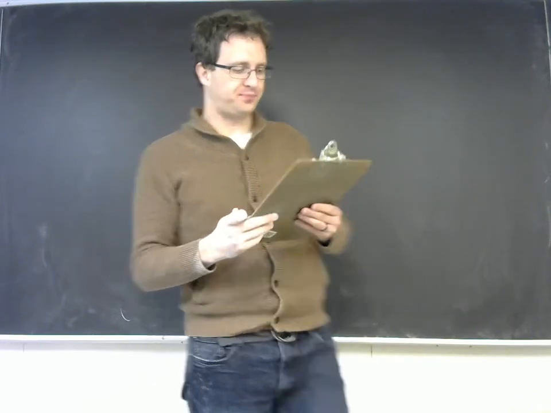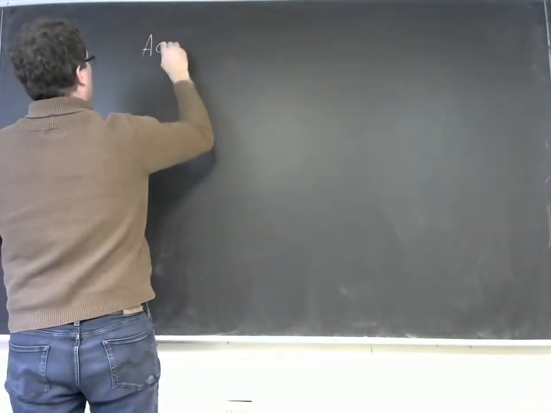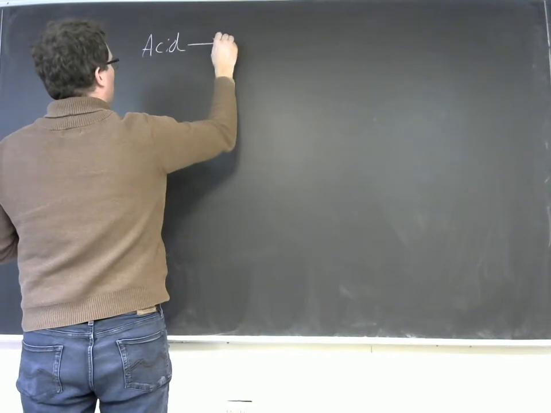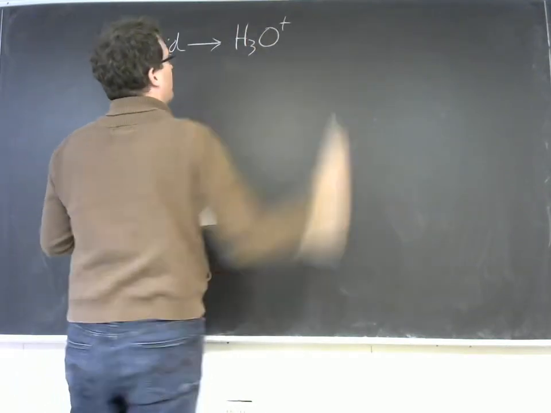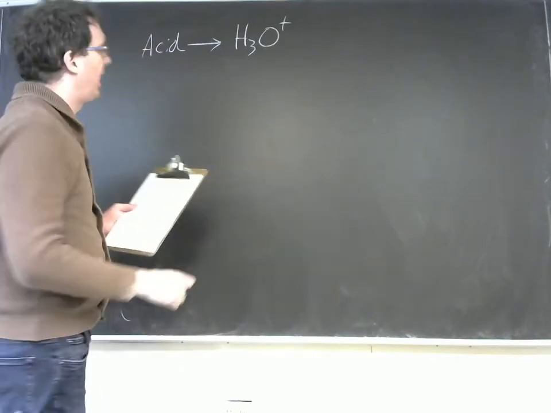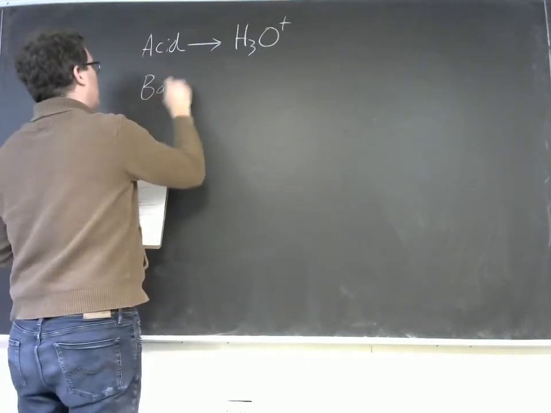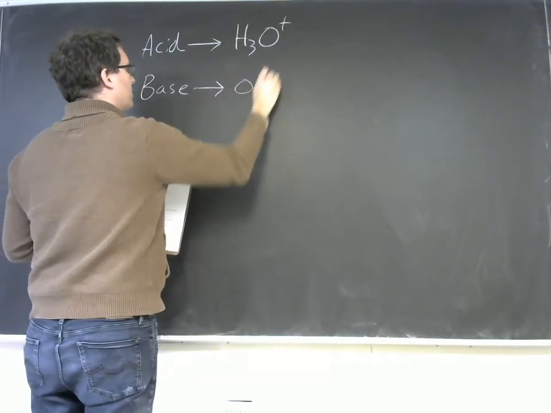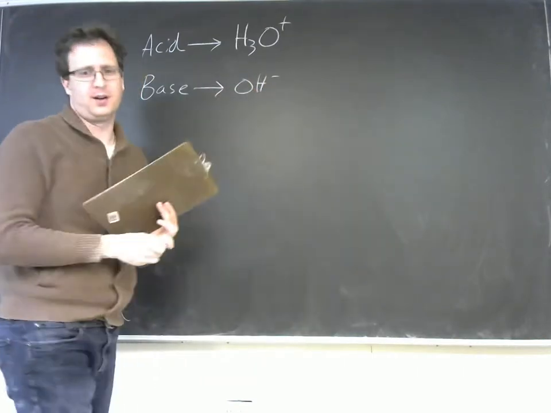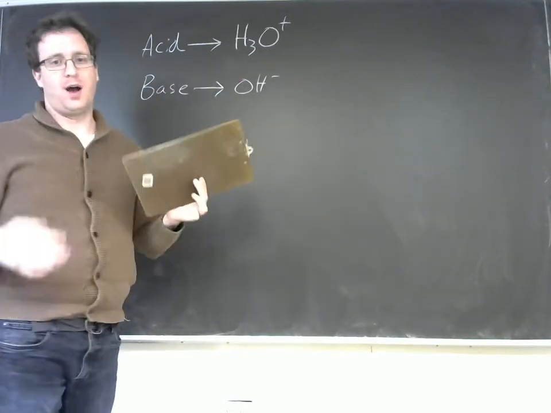And an acid, when it dissolves in water, will produce hydronium ions, H3O+. And a base, when it dissolves in water, will produce hydroxide ions. And these two things are related to each other.